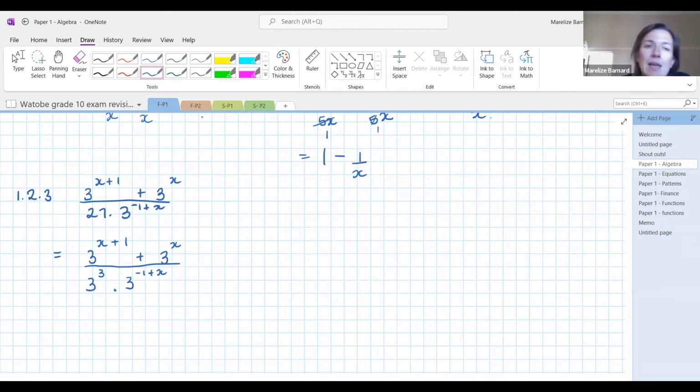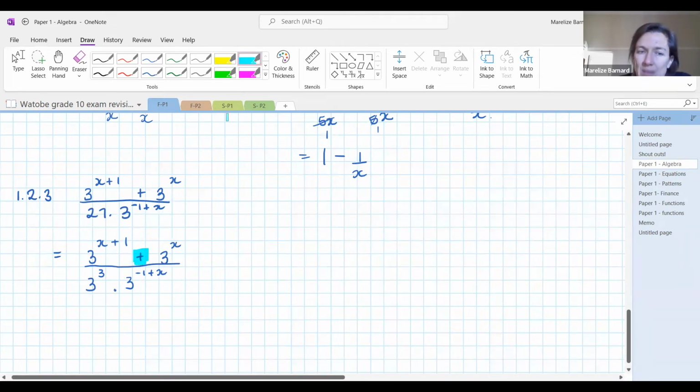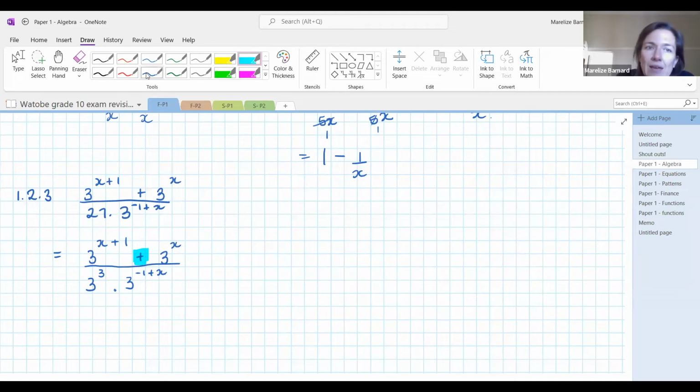Now, the next important thing is when there are terms separated by pluses or minuses, you cannot cancel out yet. Before you can start dividing, you first have to factorize.